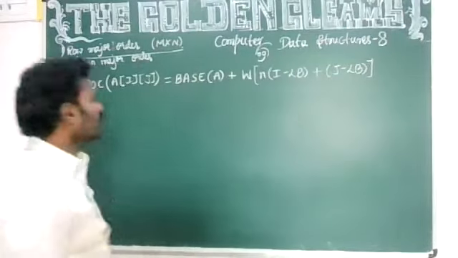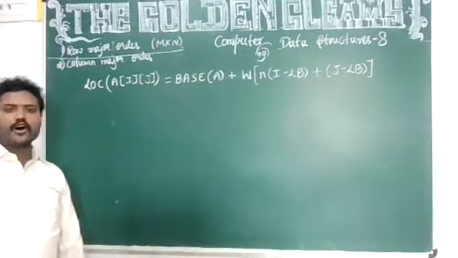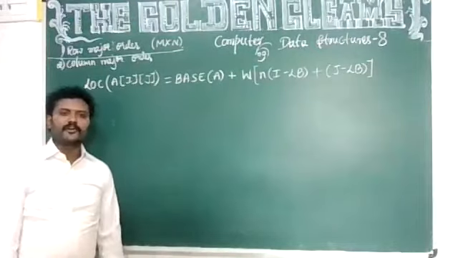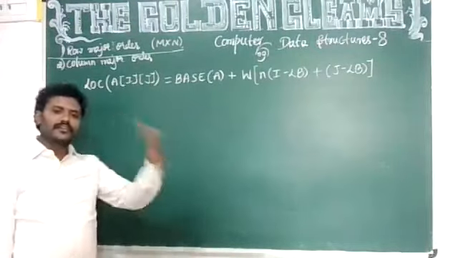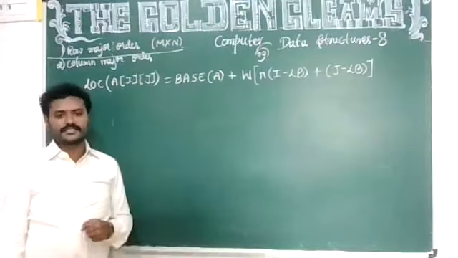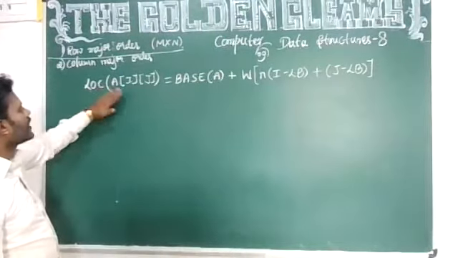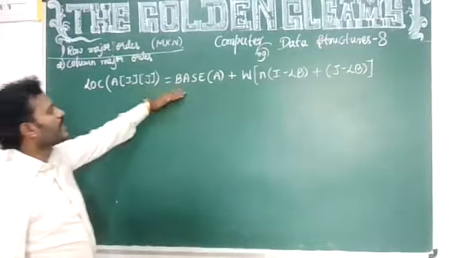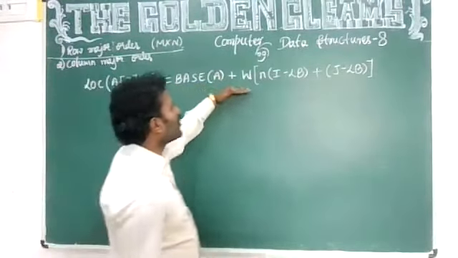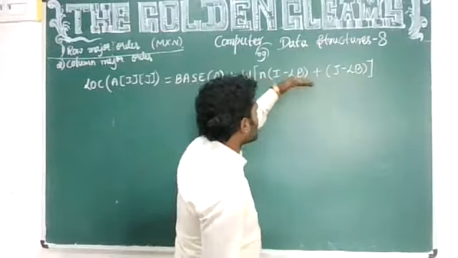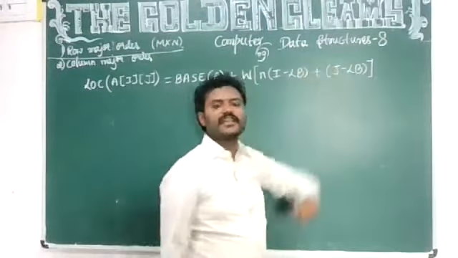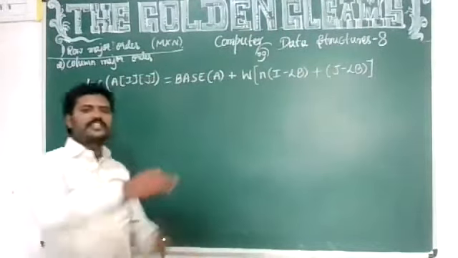This is the basic formula to represent memory elements in row major order, students. LOC of Aij equals base of A plus W of n (I minus LB) plus (J minus LB).